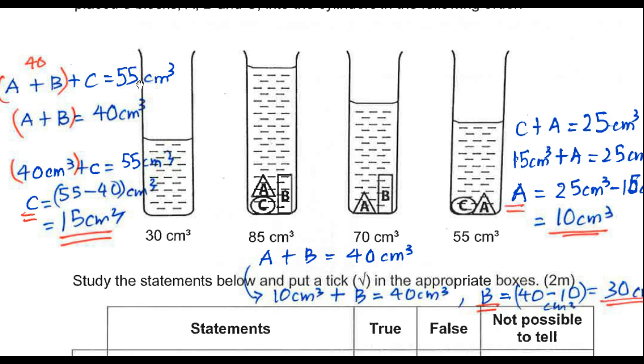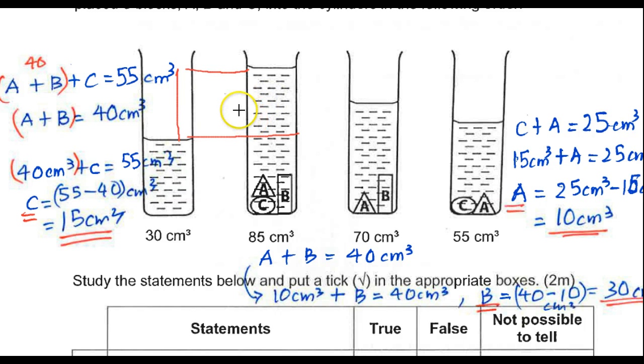How do we get 55? It is from the rise in the water level. The water level rose up to here, and this is the space being taken up by A, B, and C.